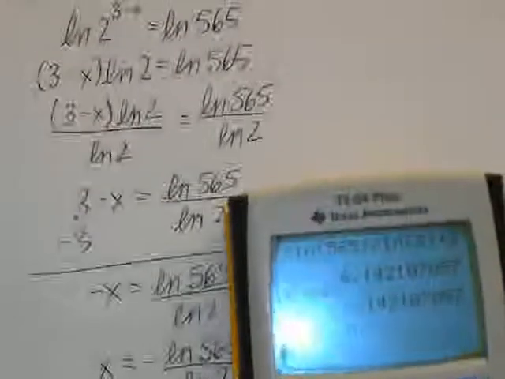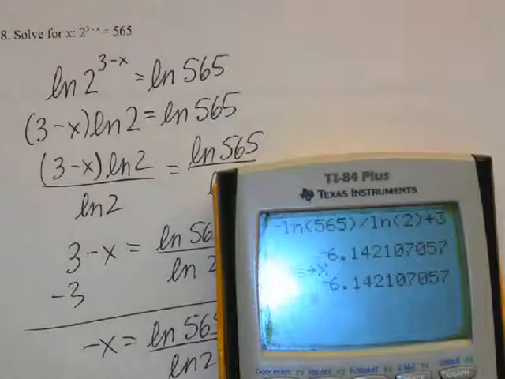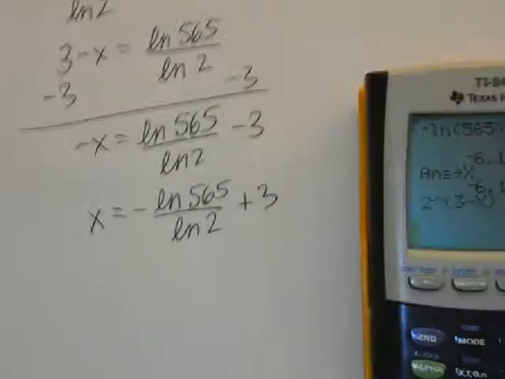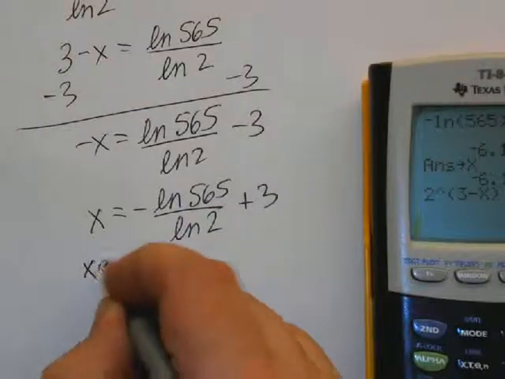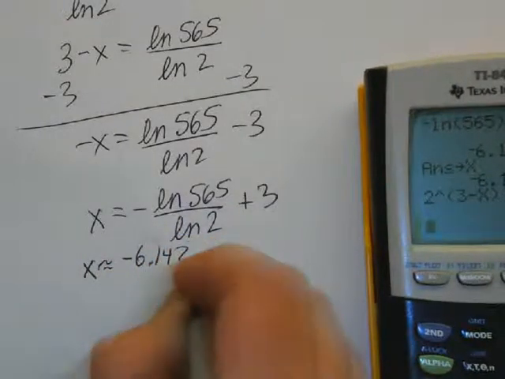Go back to our original equation. 2 to the power of 3 minus x. And we see that, yes, we did get the right answer because we got 565. So x is approximately negative 6.142.